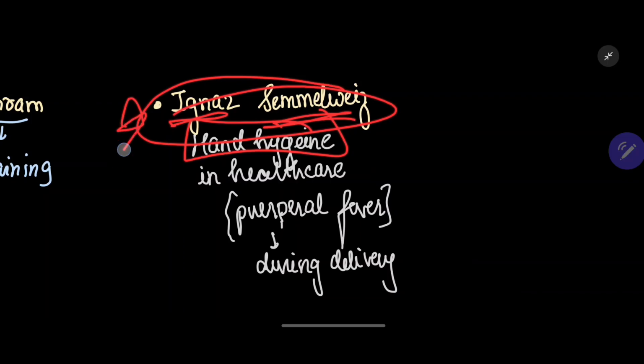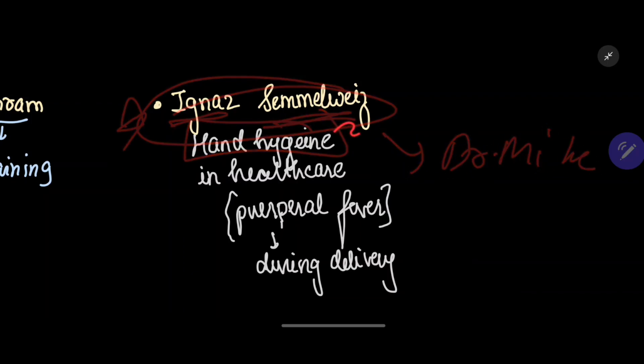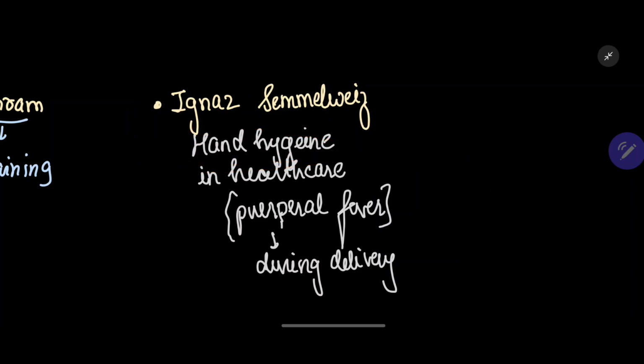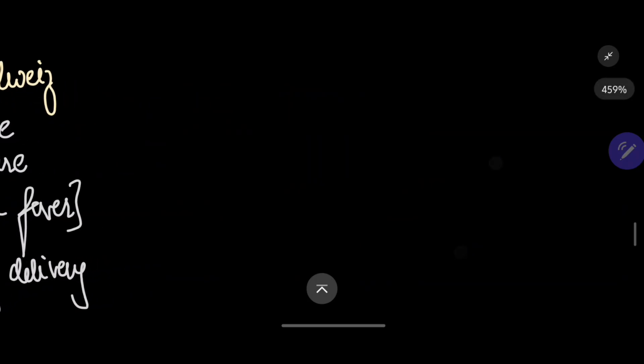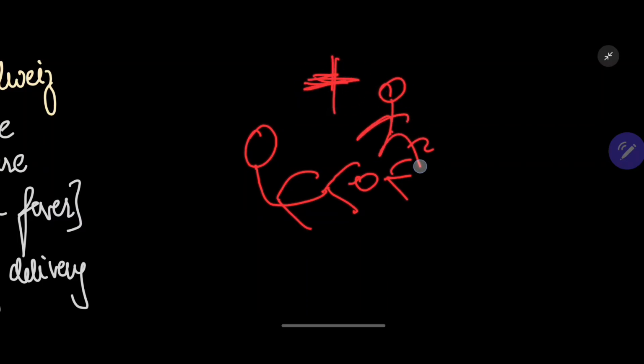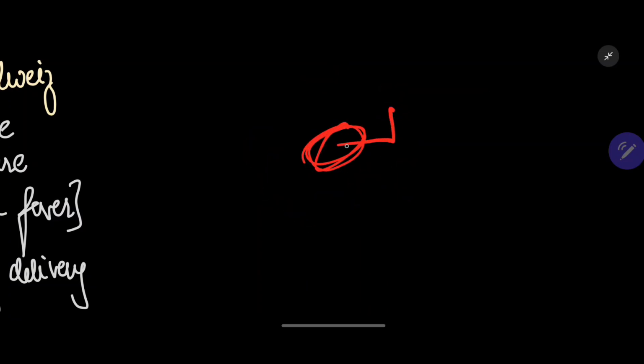This is a very interesting story. I'll link a Dr. Mike video that talks about how he discovered hand hygiene in the description below. Do watch it, it's kind of interesting. Basically, if you're not gonna watch the video, long story short, is that he saw that women who were giving birth to babies in hospitals were dying because the doctors didn't used to wash their hands when they were delivering the babies.